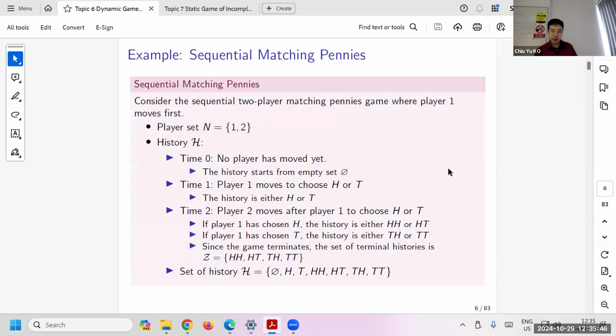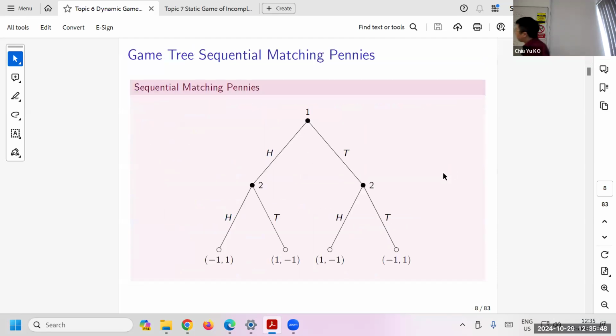We described how to represent a dynamic game of complete information with a game tree, and this graph tells us everything: who the player set is, what the actions are, what the histories are, what the payoffs are, the player information sets, and so on. Everything is well defined from a tree. That's why you always define it by a tree.